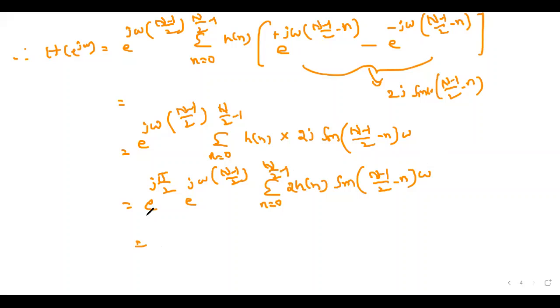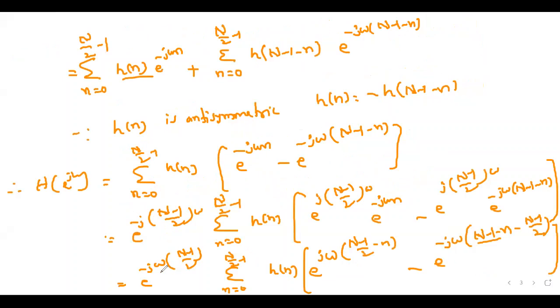Okay, now these two exponentials we can club. So it is e power j of pi by 2, and this is minus, right? But Sandhya, is it minus or plus? Sirisha, are you there? Yes, sir. Sirisha, is it minus or plus? Not listening. Okay. See, it is minus here.